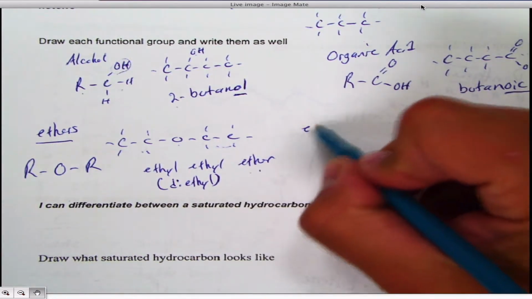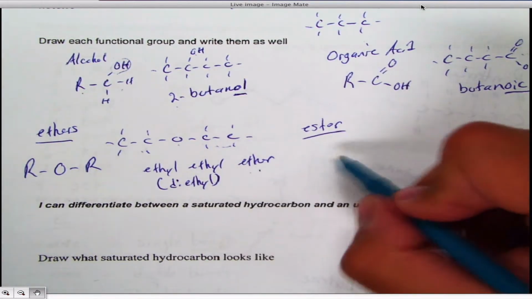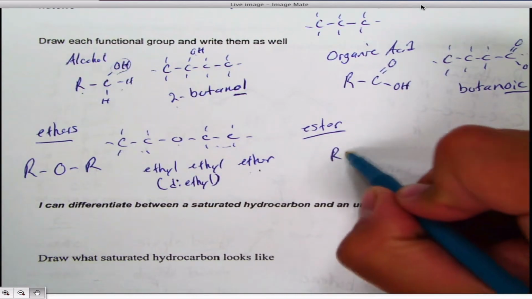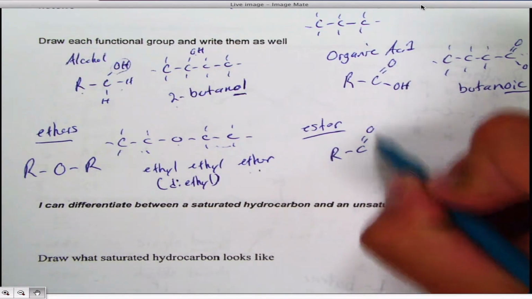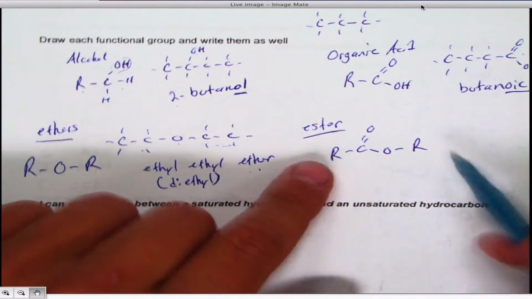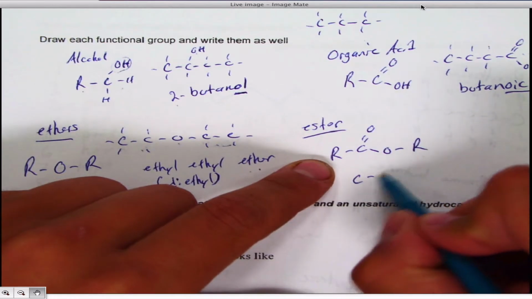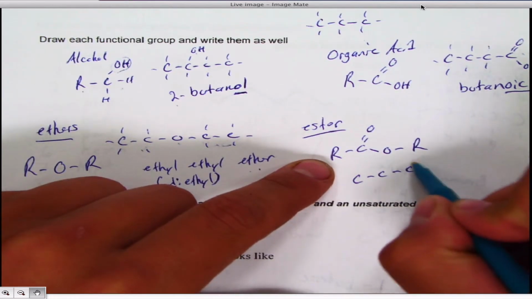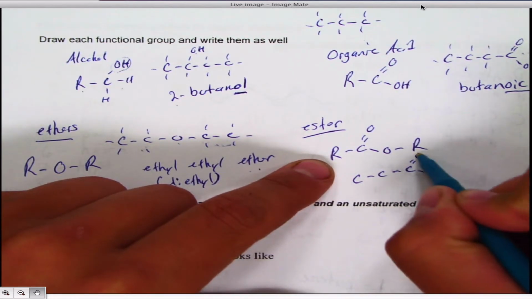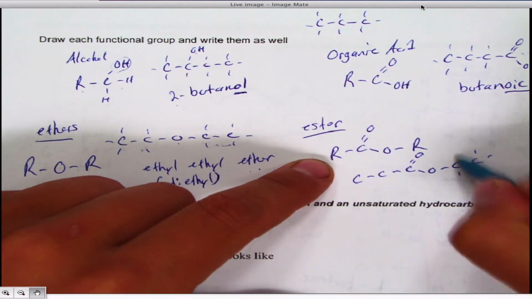And a related group to that is going to be an ester. An ester is kind of like an ether, close, but not exactly. You have a double bond to an oxygen, you have an O, and then you have a bunch of other carbons. So remember, these R's are any number of carbons and hydrogens attached to it. So let's stick with kind of our chain that we've been working with. O, C, C. Don't forget about the hydrogens.